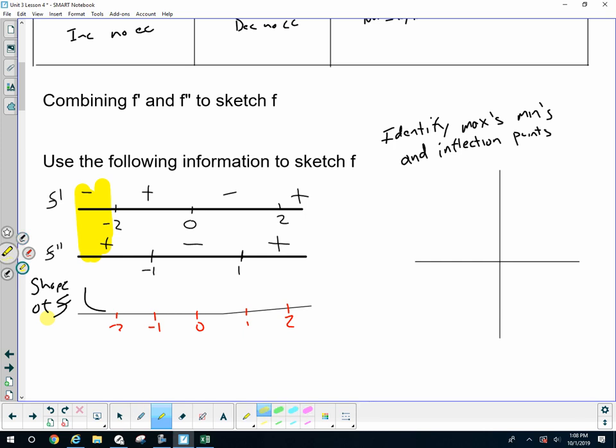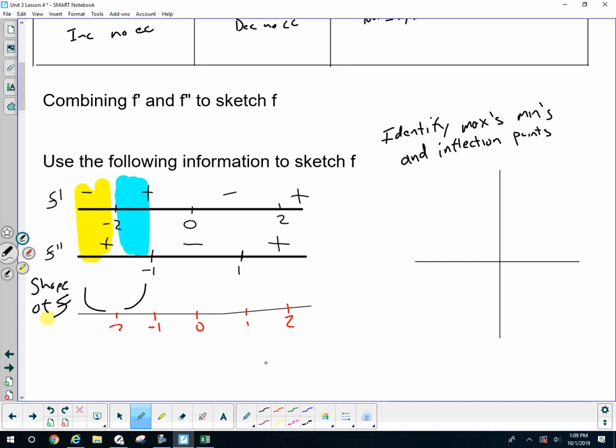Between -2 and -1, I have the signs of f prime being positive and f double prime being positive. Well, f prime is positive, I'm going up. F double prime is positive, I'm concave up. I know the shape will look like this. Okay, so those first two pieces.